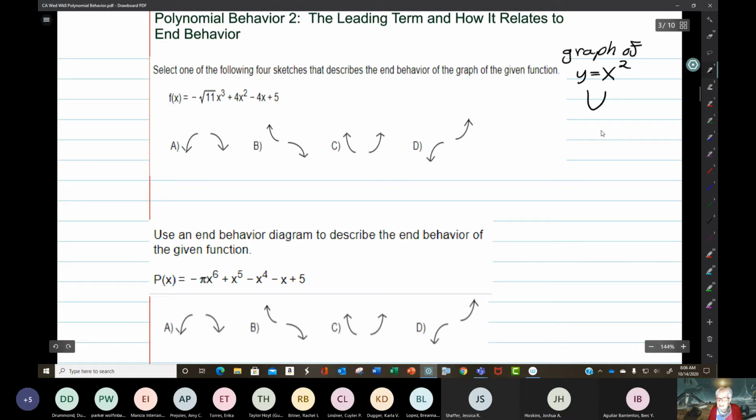Okay, that looks like this. And the graph of y equals x to the third, which looks like that. That's my favorite graph.